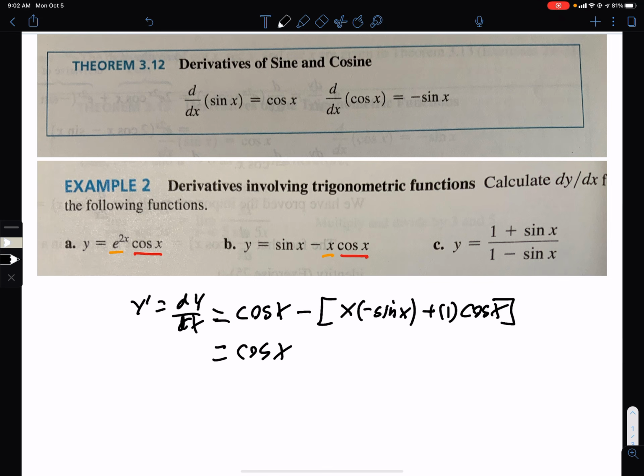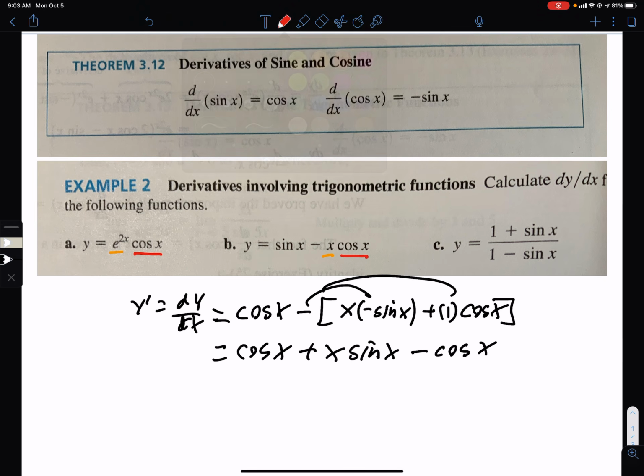Now I'm going to distribute the negative, so it's going to be plus x sine x, and then minus cos x. I hope you see it. The cos x's cancel, and we're left with a nice, beautiful answer of x sine x. That makes me happy. It's very simple.